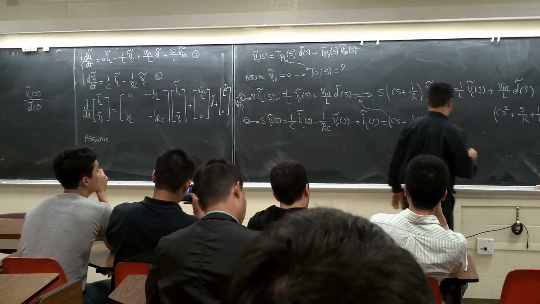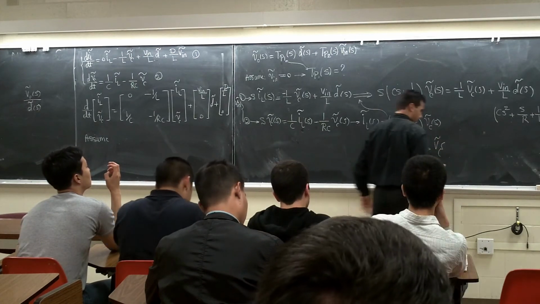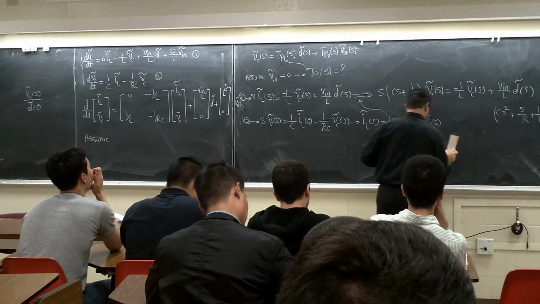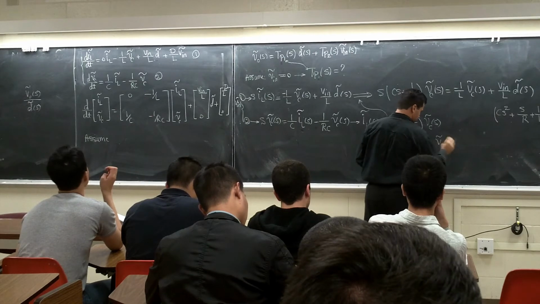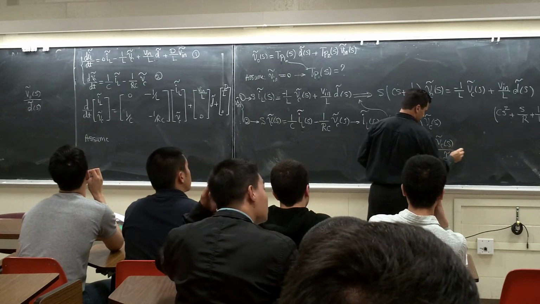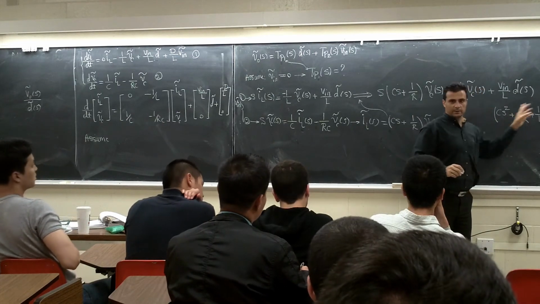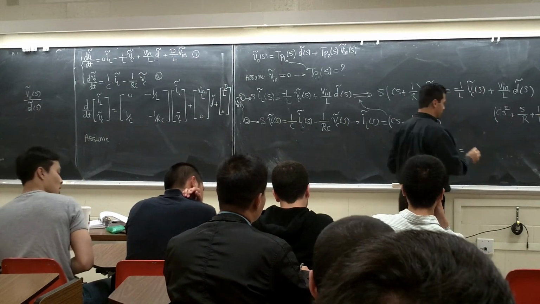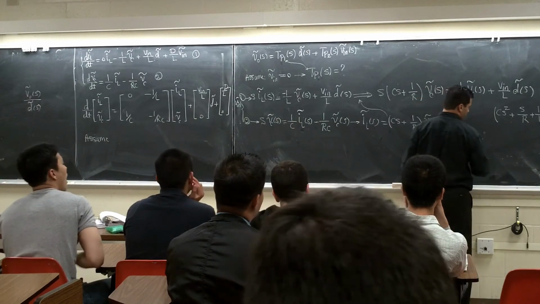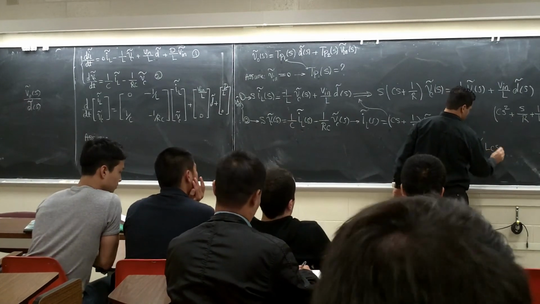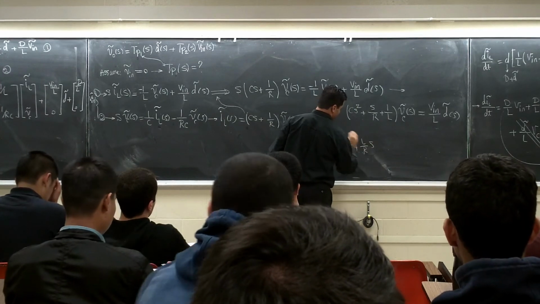How much is the vC tilde over d tilde? We need to multiply this one by L divided by Vin, right? So it's going to be Vin over LCs squared plus L over R s plus 1.